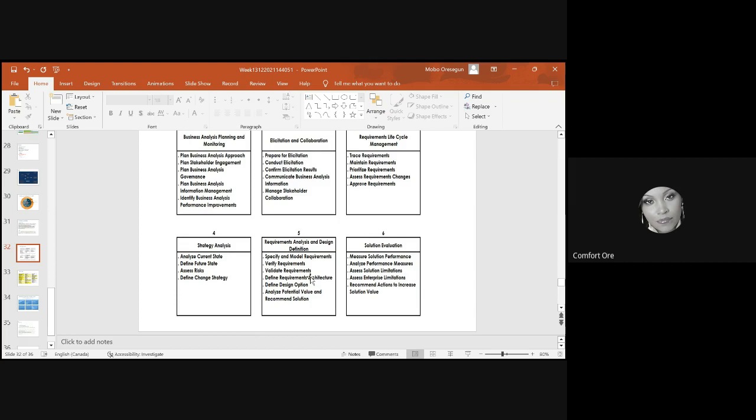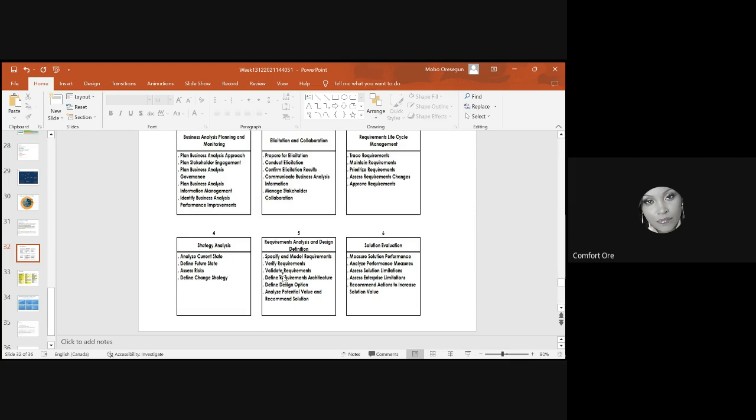Don't worry, we're still going to flesh this out. I just don't want to gloss over it, so I'm just mentioning it for now. But we're really going to go in depth for every knowledge area. That's what we're going to be treating per week.